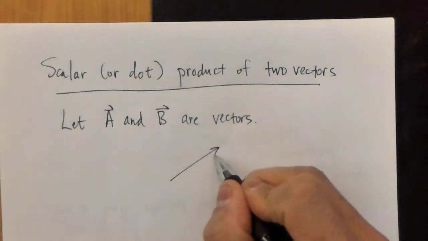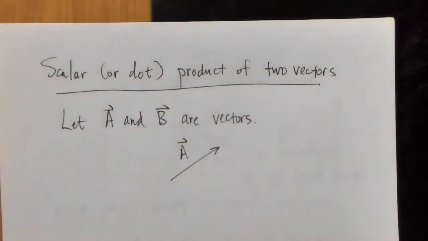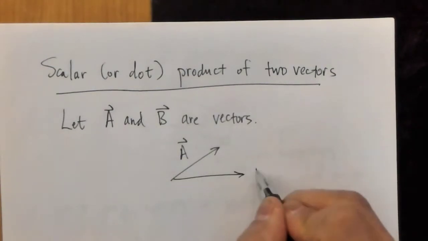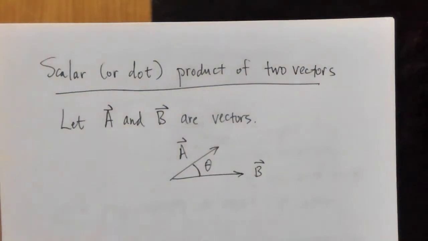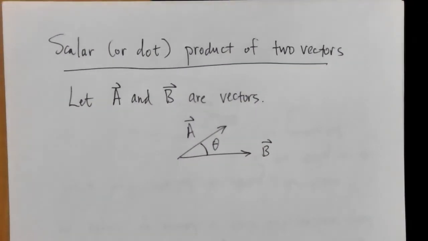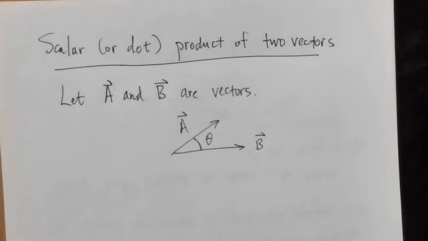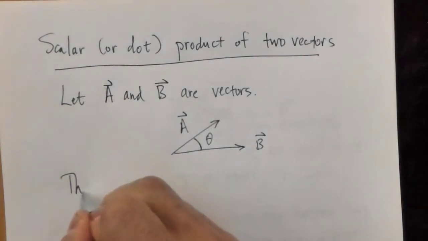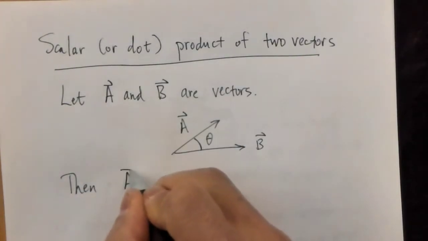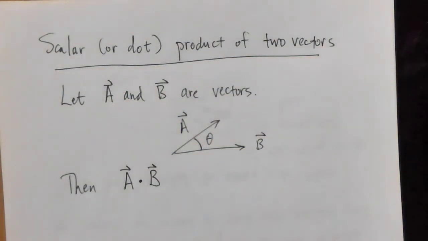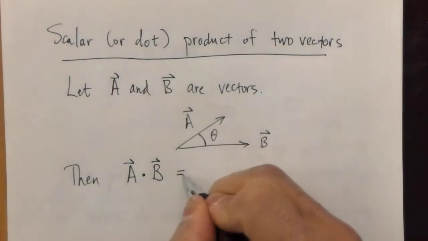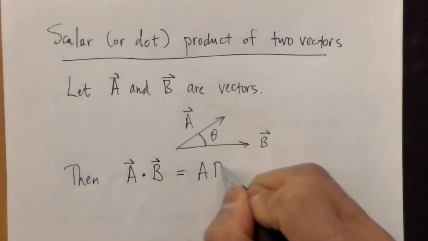And let's say A is kind of like this, and B is maybe like this, and there's some angle between them, let's call it theta. Then the scalar, or the dot product, is written as this. And you'll see why it's called dot product, because we put a big fat dot between them, okay? This is the symbol A dot B is equal to A times B.